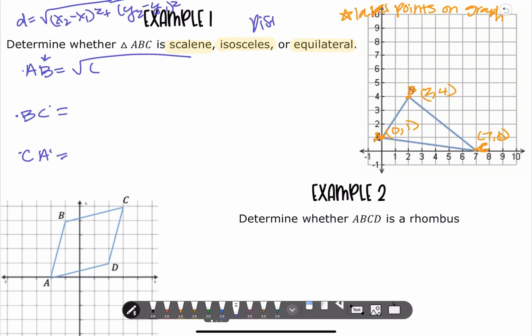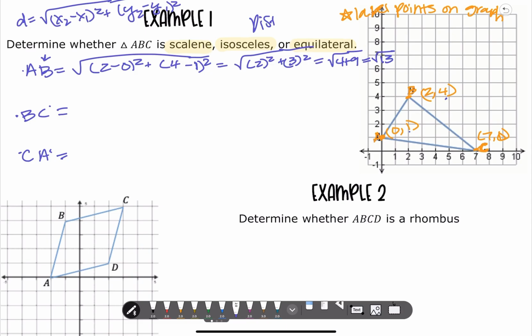So I've got 2 minus 0 squared plus my y2, 4 minus my y1, which is 1, squared. Simplify inside those parentheses. So 2 minus 0 is 2, and then 4 minus 1 is 3. So we've got the square root of 4 plus 9, which is just the square root of 13. P.S. This is why you should know your perfect squares, because it makes your life faster.